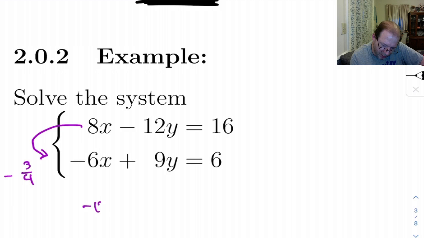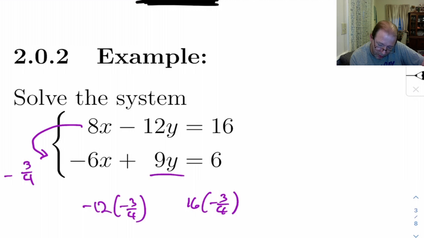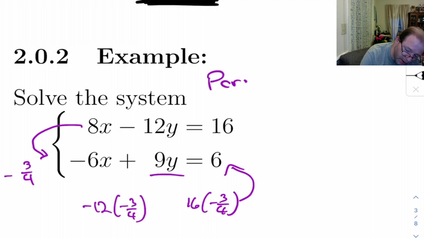If we do negative 12 times negative 3/4, that gives us positive 9. So it's either parallel or they're the same line. But if we do 16 times negative 3/4, we don't get 6. So that means these are parallel, and that means there's no solution.